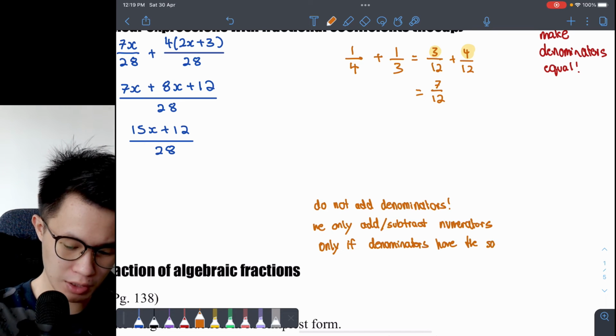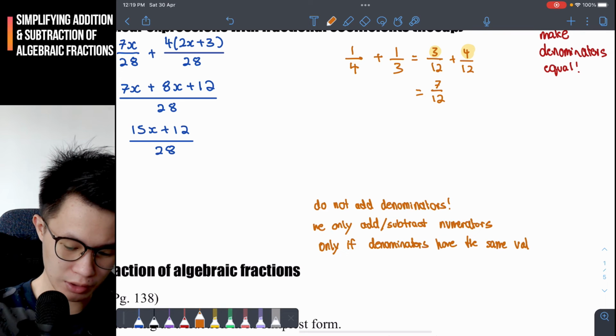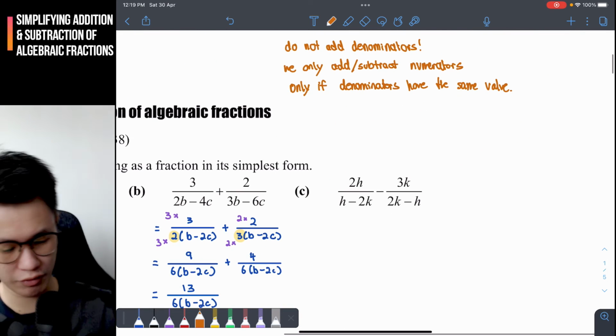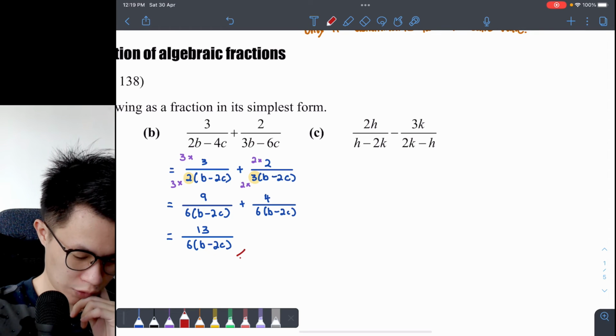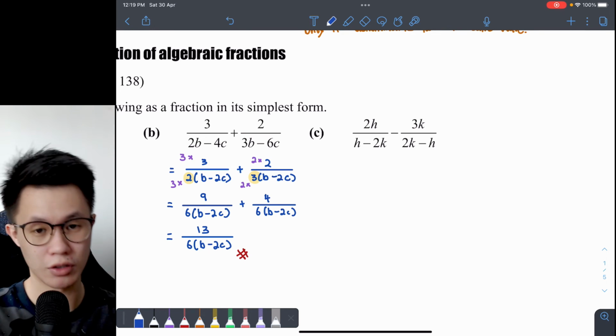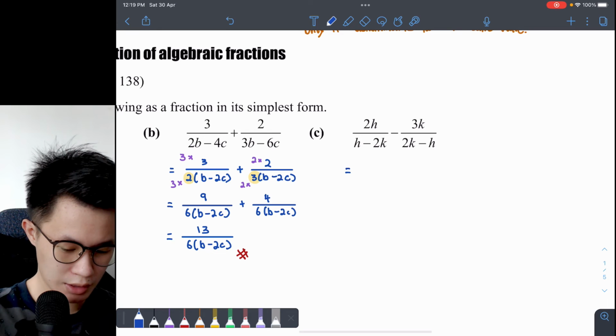This is a major takeaway that you need to have when it comes to simplifying such fractions. So that is the answer for part B. Please feel free to pause this video anytime if you want. Now let's go on to this.